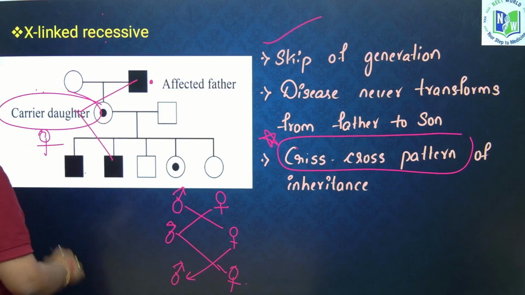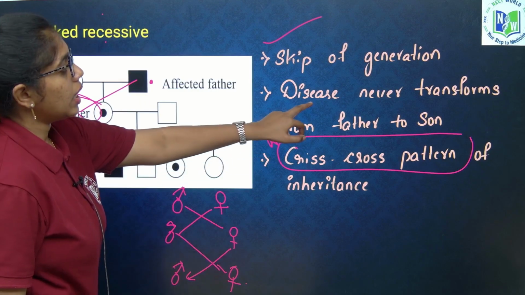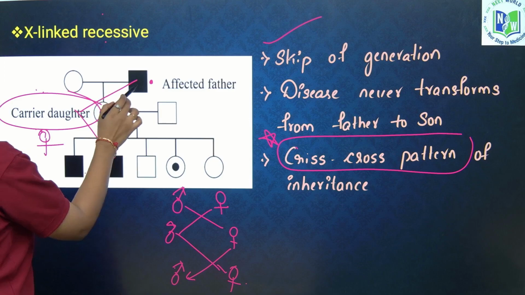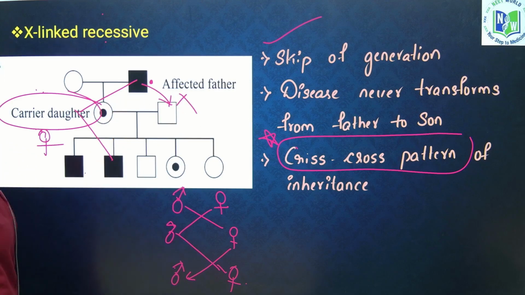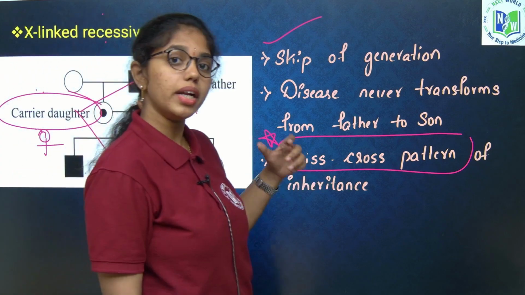This will be the pattern of inheritance. Next, the disease again never transfers from father to son, as we have observed previously.